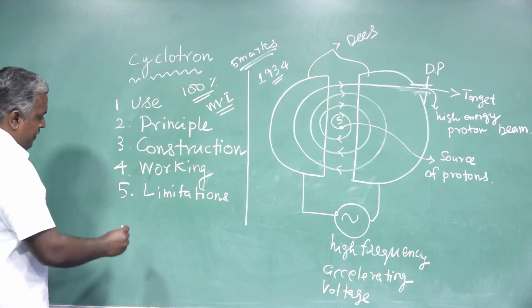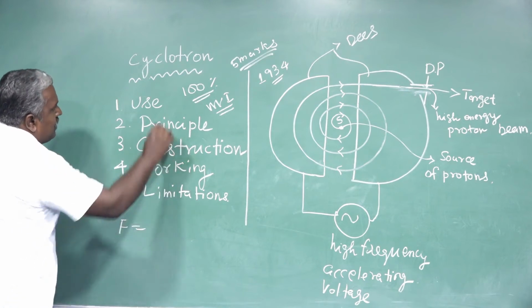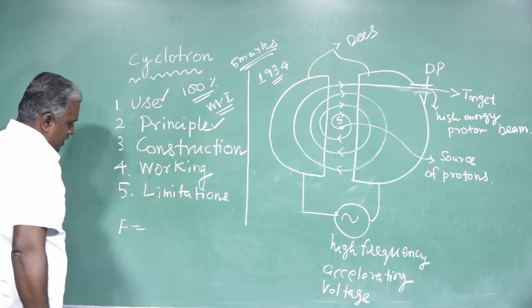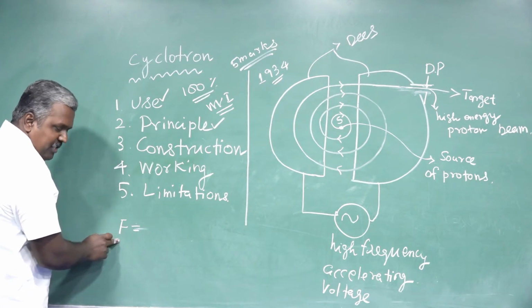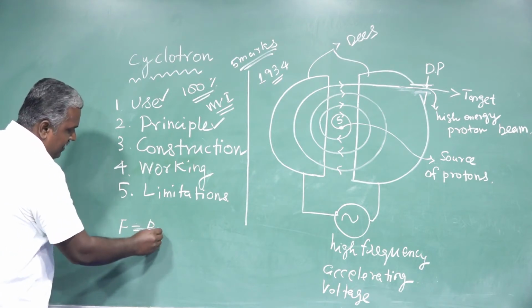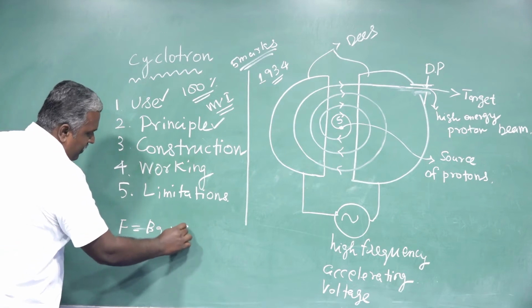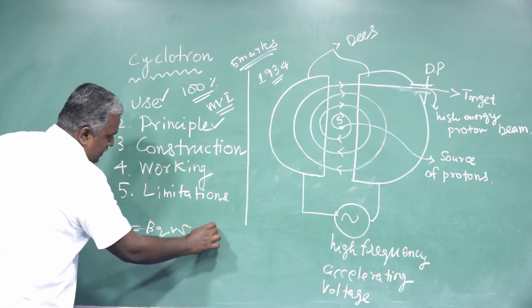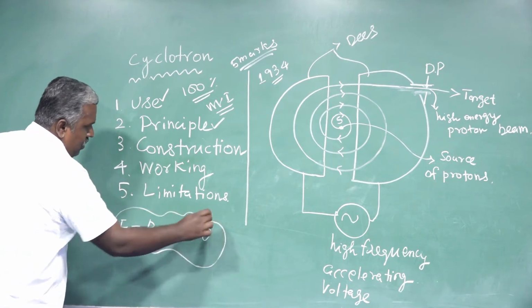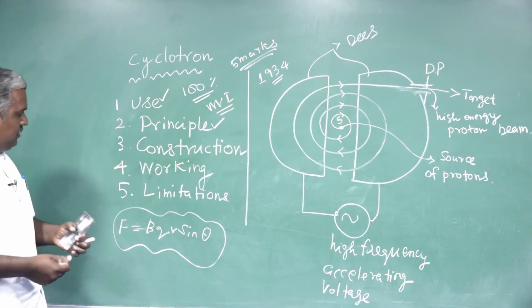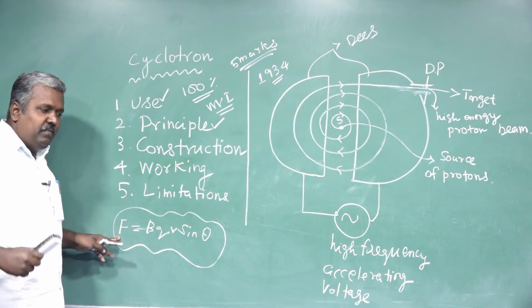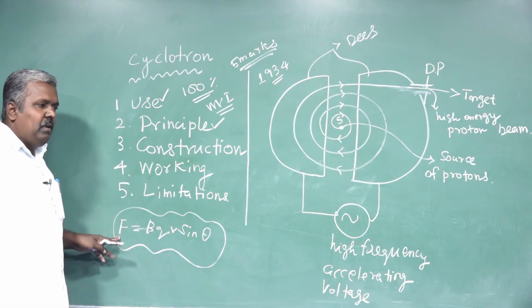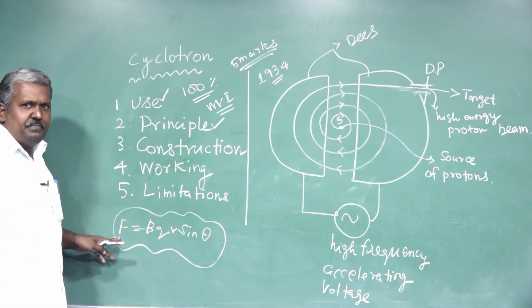Its magnitude. First completed. Second, its magnitude. F is equal to BQV sin theta. This is the magnetic Lorentz force: F = BQV sin theta. It is the magnetic Lorentz force experienced by the particle when moving in the magnetic field. That is important.